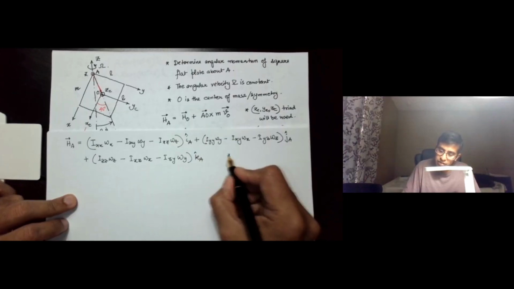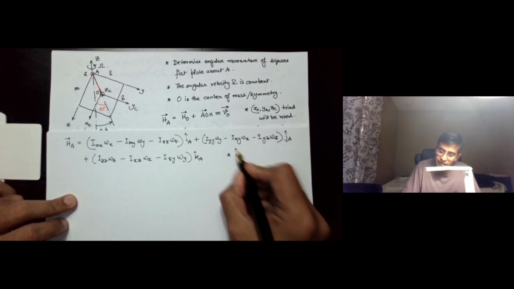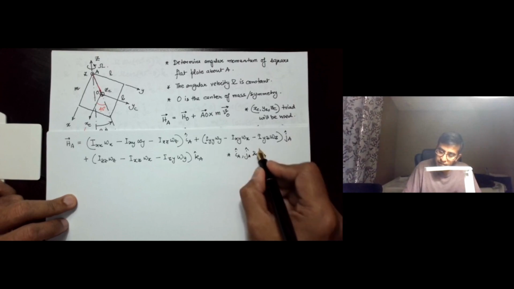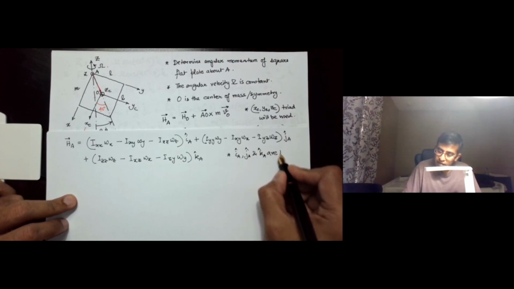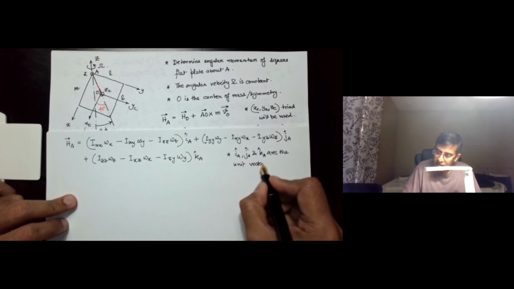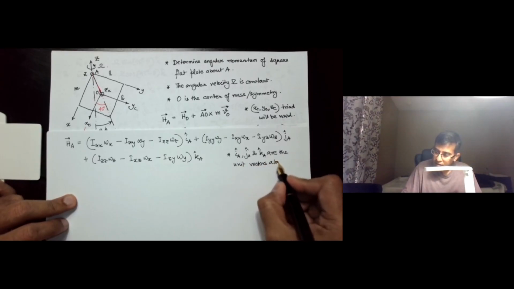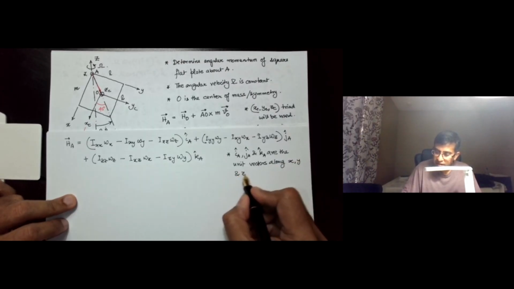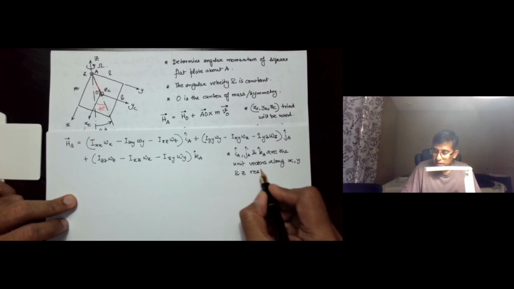Now we make a note that IA, JA and KA are the unit vectors along x, y and z respectively.